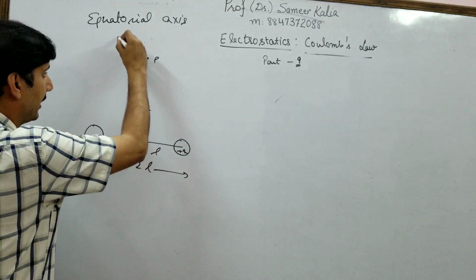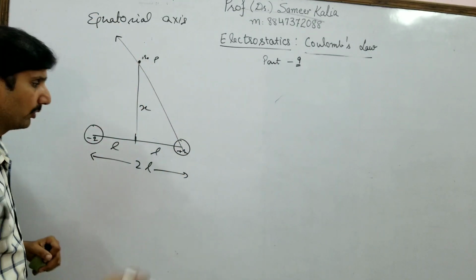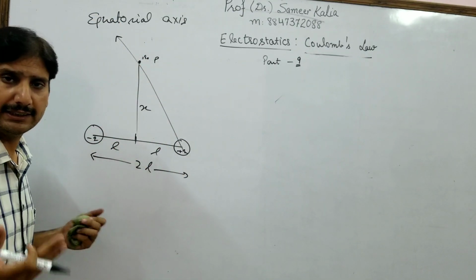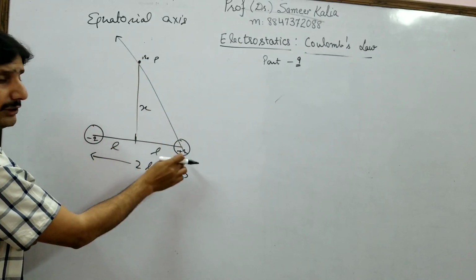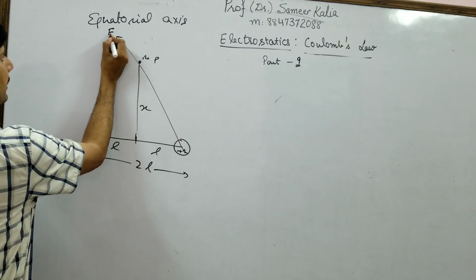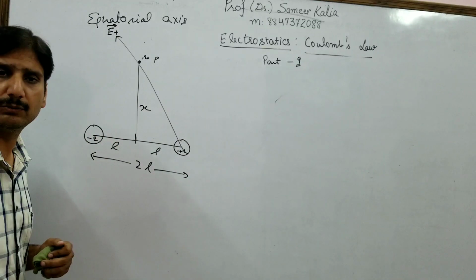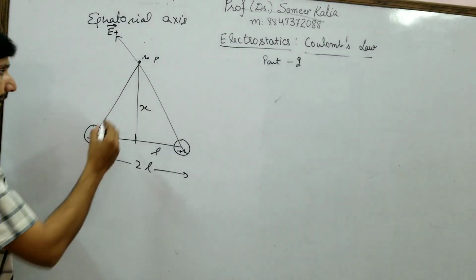Now this positive charge will push it away because both of them are positive. Like charges repel each other. The electric field at point P due to this positive charge is acting along this line. Let's call that E plus vector, whereas the negative charge is going to attract it in this direction.